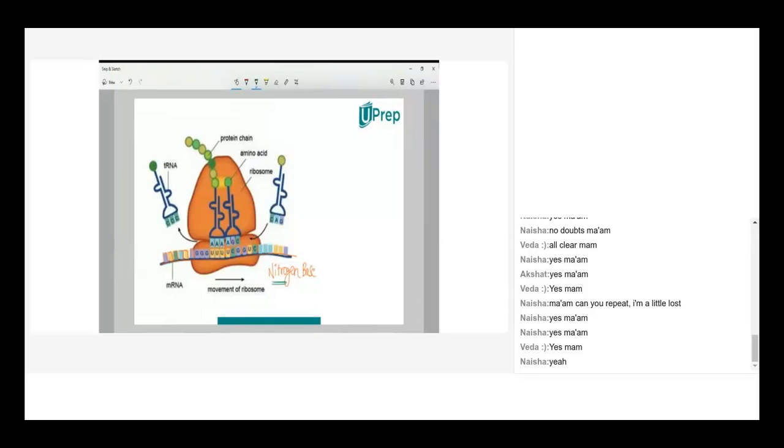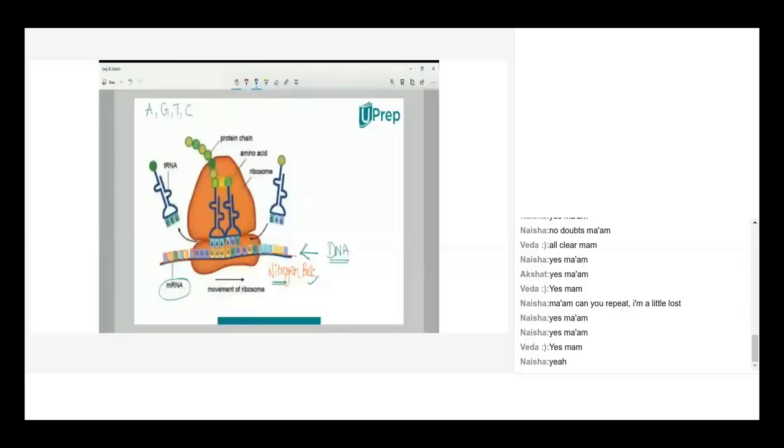So here, different nitrogen bases. I told you that you will have different nitrogen bases like adenine, guanine, thymine, cytosine. Now here, see, this is the RNA molecule which is produced. This RNA molecule is produced from DNA. How? Based on the nitrogen bases present on DNA, the complementary nitrogen bases are produced in RNA.